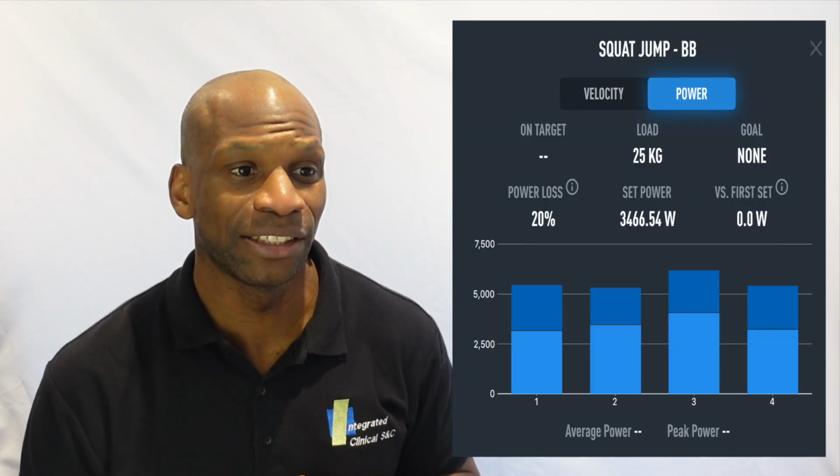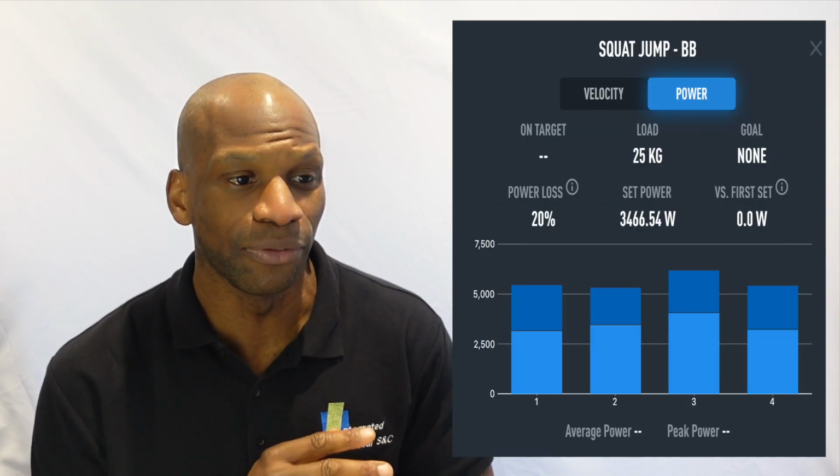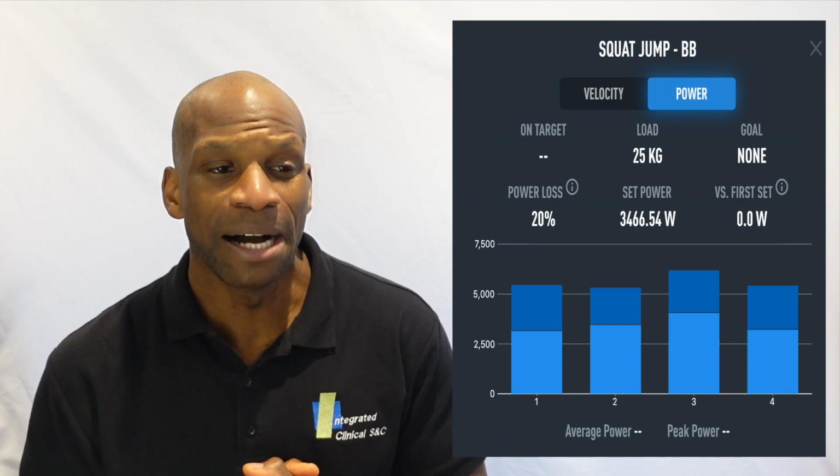And what you'll see up in this slide here is an example of the power loss during traditional sets. I used an athlete and got them to do some squat jumps, and you can see them doing some squat jumps here.